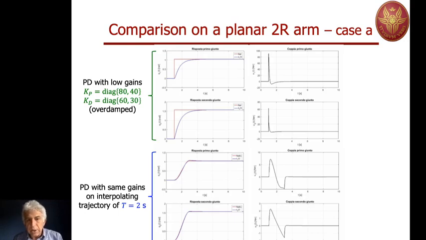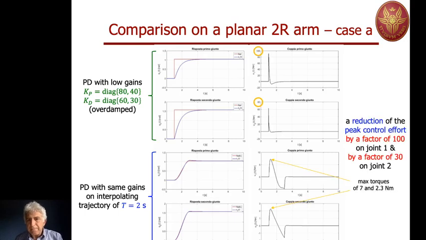While if we use the interpolating trajectory of duration 2 seconds, you can see that the blue line, the actual motion of the 2 joints, is pretty much close to the red line, although at this level of resolution you don't see the error which is present. But mainly has been a large reduction of the peak control effort.